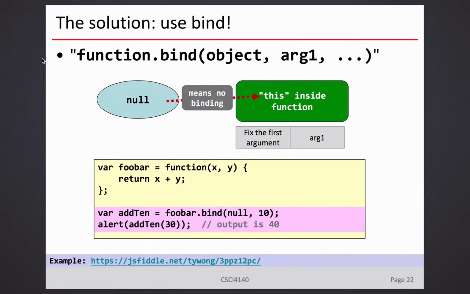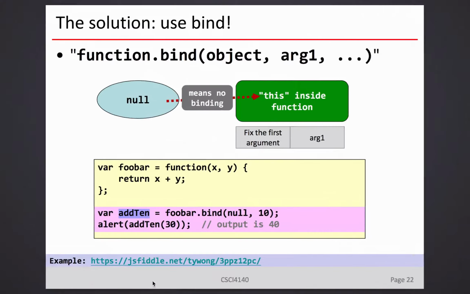But I bind the first argument of this foobar method, so that every time you call this method, you are actually supplying the y variable instead of x. I created a function called add10, so that x is always 10, and you add something to it, that means add 10.